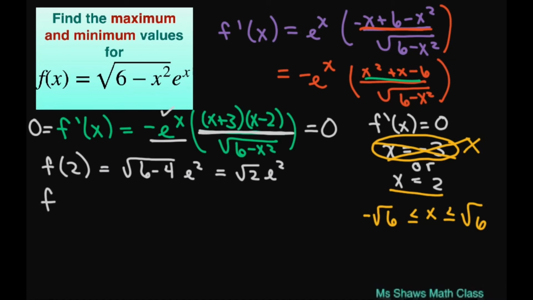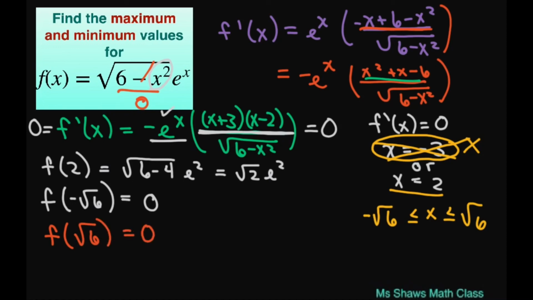Now, at our endpoints, negative square root of 6, that's going to give you 0, because once you substitute it in here, this is going to equal 0. So that just equals 0. And also, when you substitute in square root of 6, you're also going to get 0.